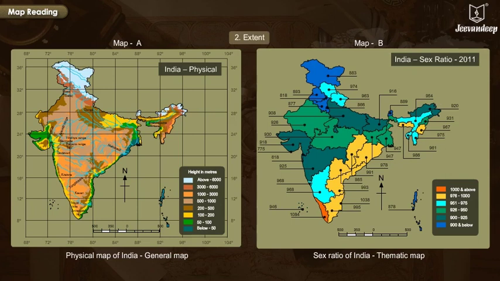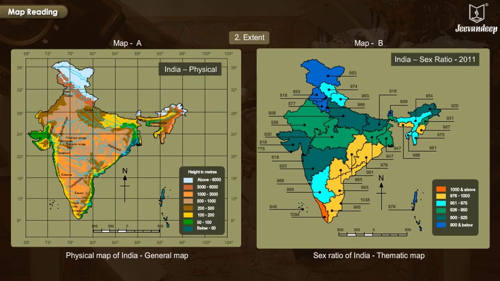Map A. The mainland extends roughly from 8 degrees north to 37 degrees north latitude and 68 degrees east to 97 degrees east longitude.